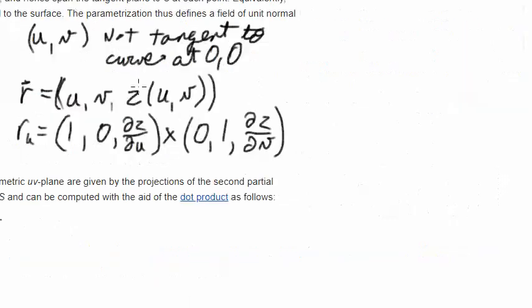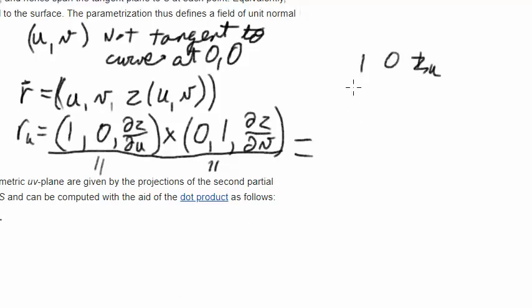And to do the cross product of these things, I should have said divided by the norm of the same thing. So to do the cross product, let me write it this way: 1 0 z sub u, 0 1 z sub v, and then u hat, v hat, and z hat up here.